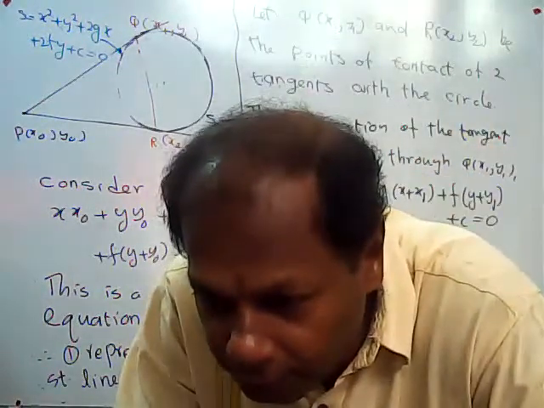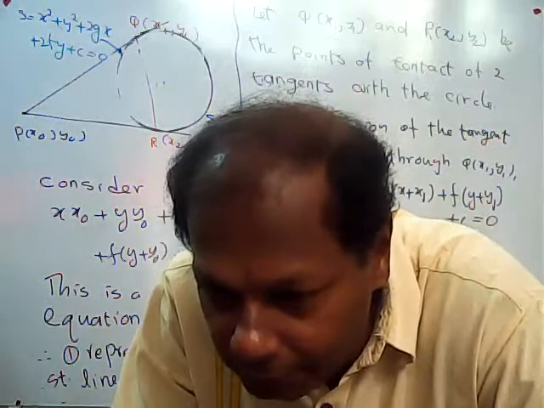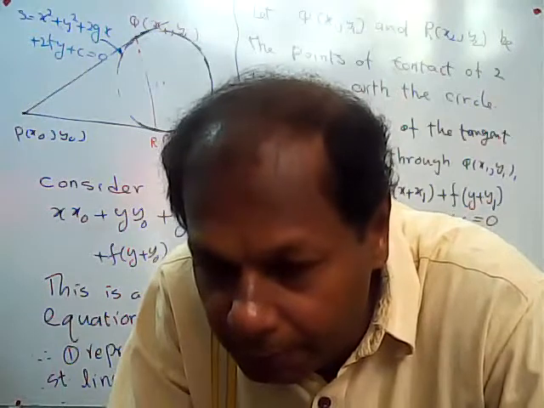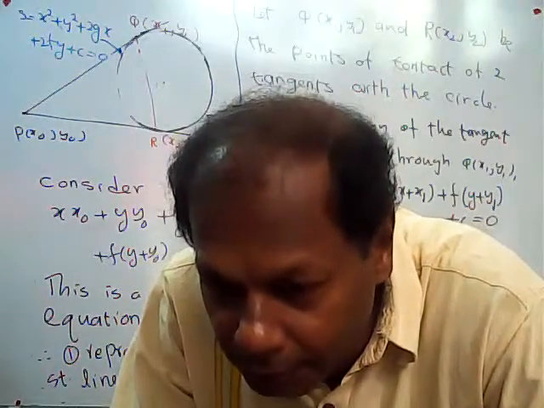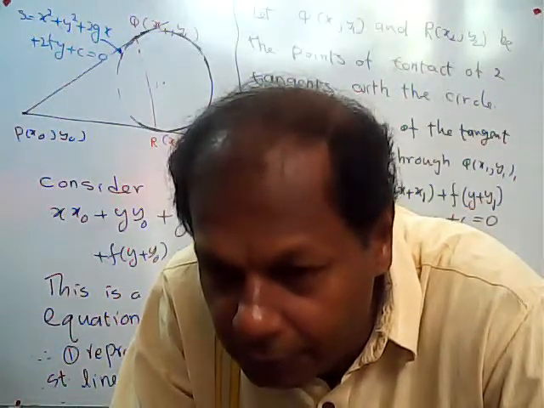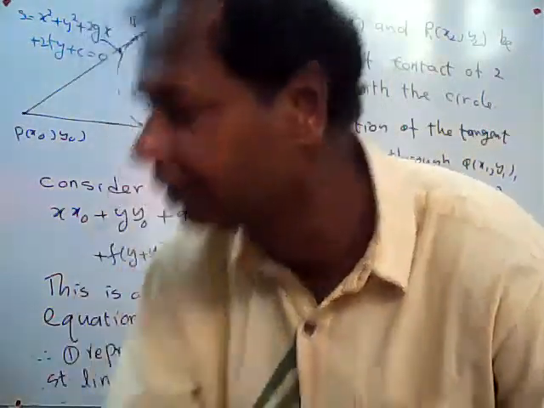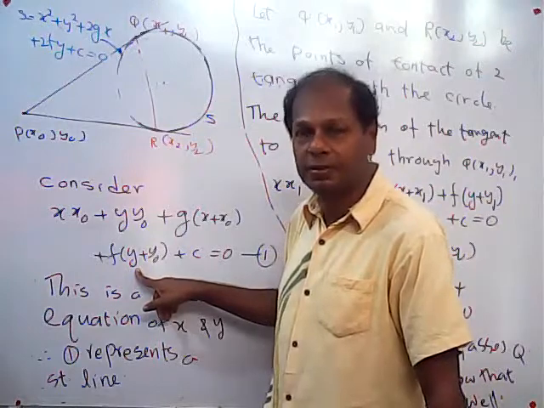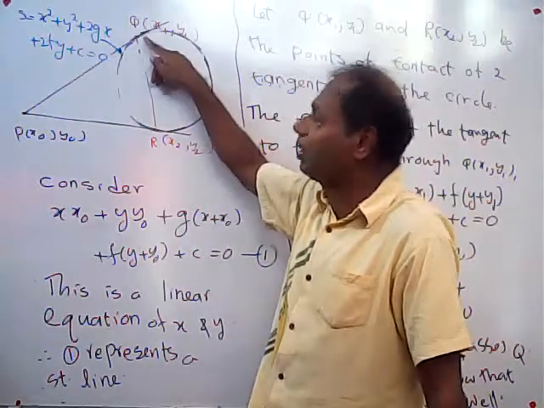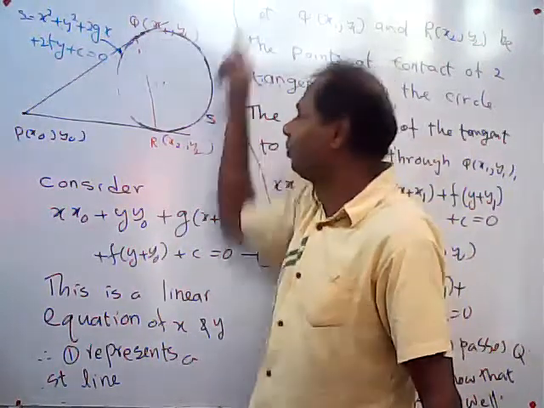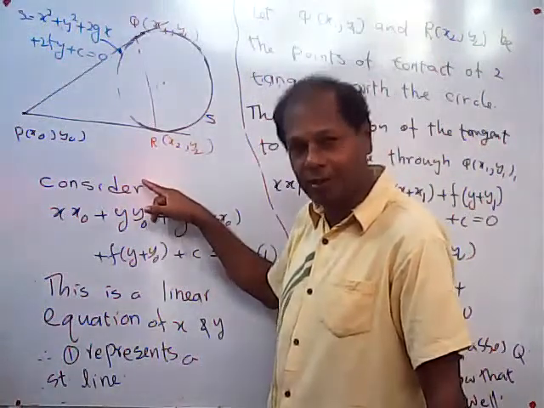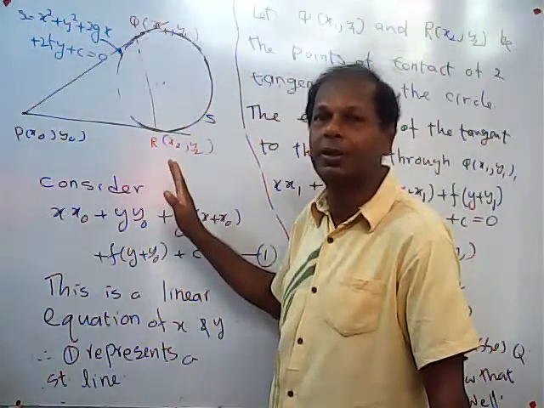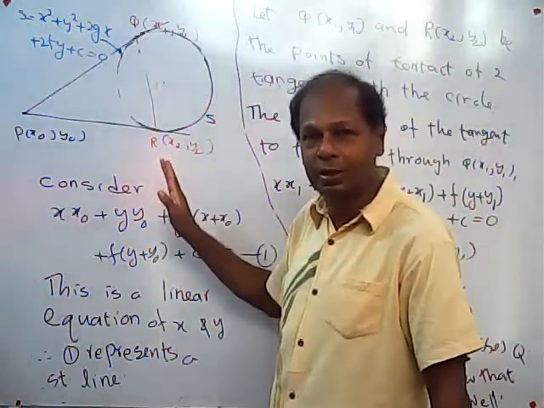How can we say at the end that it is the equation of the chord of contact? The thing is this: if it's a straight line, if it passes Q, if it passes R, then definitely it should be this straight line QR, what we call the chord of contact.